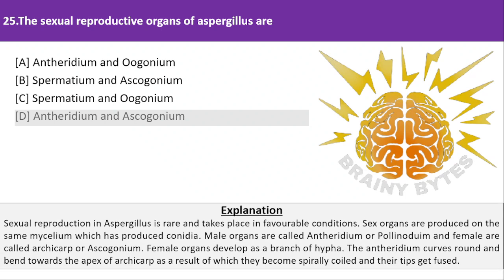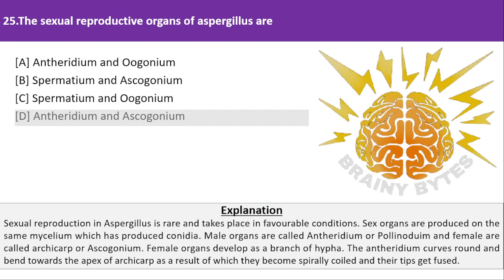Sexual reproduction in Aspergillus is rare and takes place in favorable conditions. Sex organs are produced on the same mycelium which has produced conidia. Male organs are called antheridium, and females are called archicarp or ascogonium.